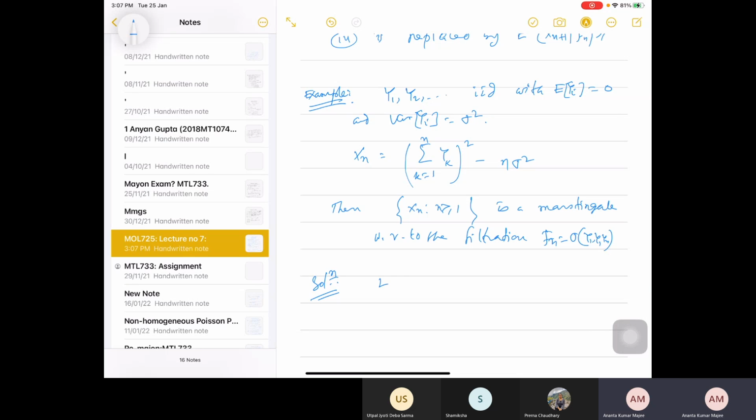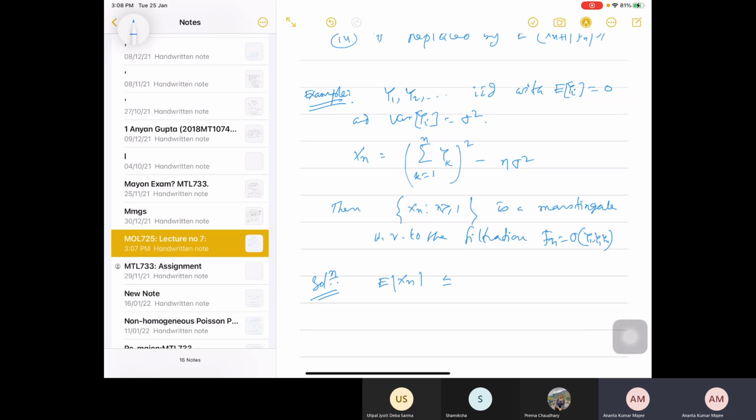To check that, the expectation of |X_n| is less than or equal to, now the Y_k are independent, so I can write this as the expectation of (Y1 plus Y2 plus and so on) squared, which is equal to n times the expectation of Y1 squared plus Y2 squared and so on, and the Y_i are IID with expectation of Y equal to 0.